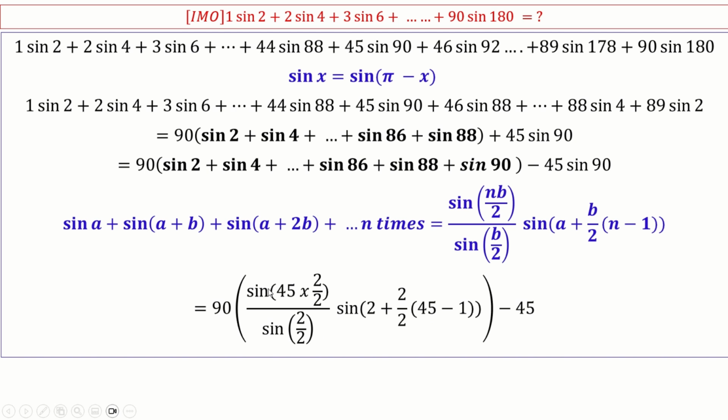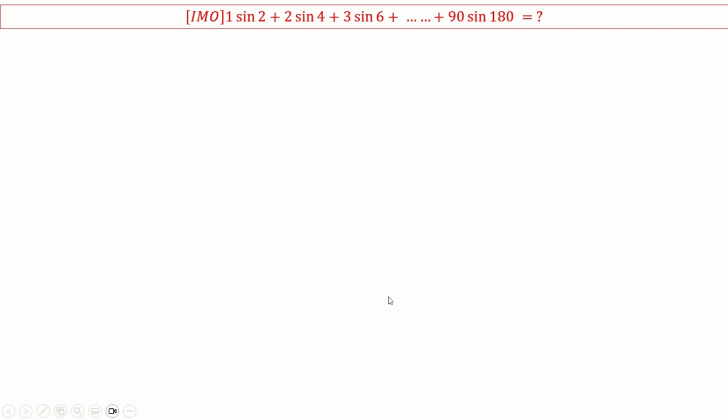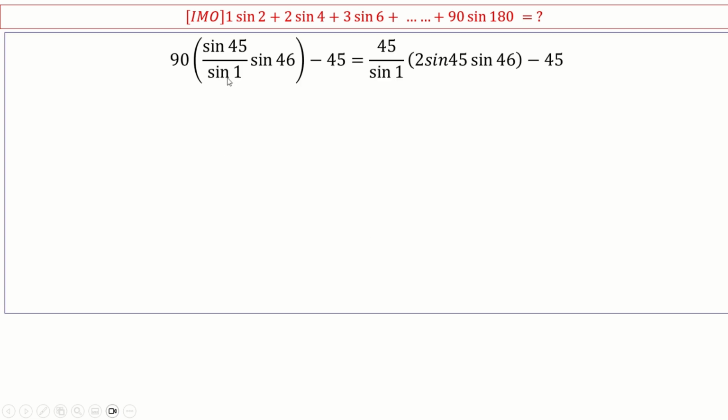Sine 46. So I have sine 45, sine 46 divided by sine 1, minus 45. Now, how can I do this? I will take 2 inside, so it will become 2 sine 45 sine 46 divided by sine 1 minus 45.